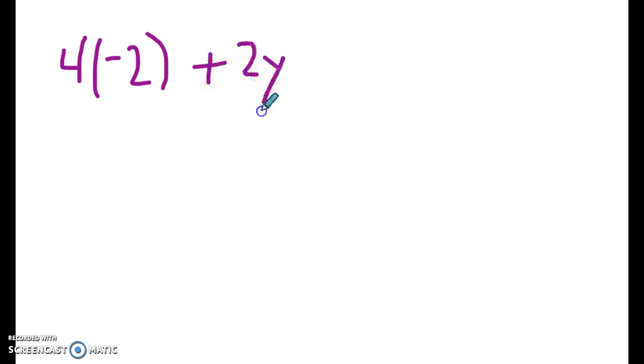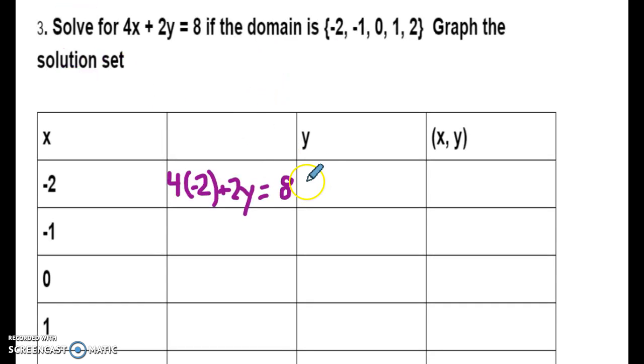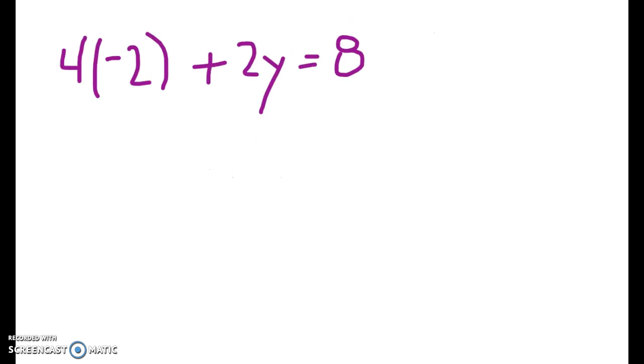I'm just going to go ahead and do that here. So I've got 4 times -2 plus 2y equals 8. Now I'm going to follow the order of operations, and I'm going to do everything I need to do to get the y by itself, because I'm trying to figure out what is the y going to be when I put in -2 for x.